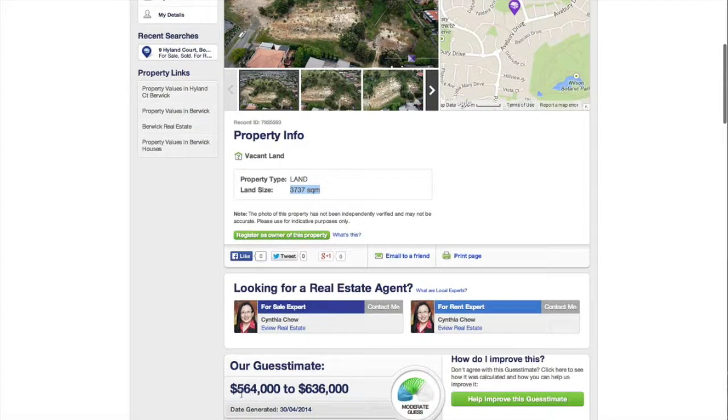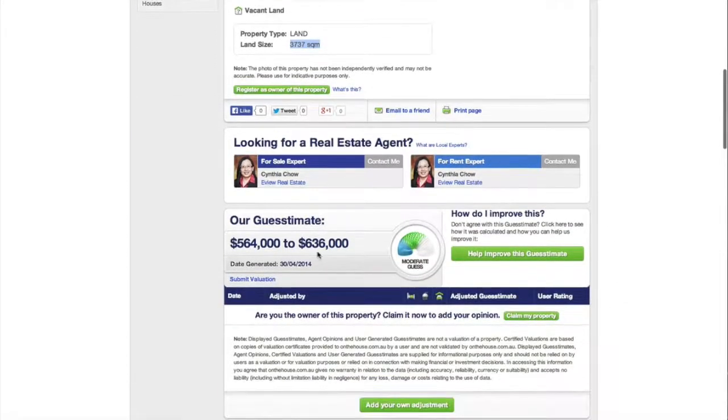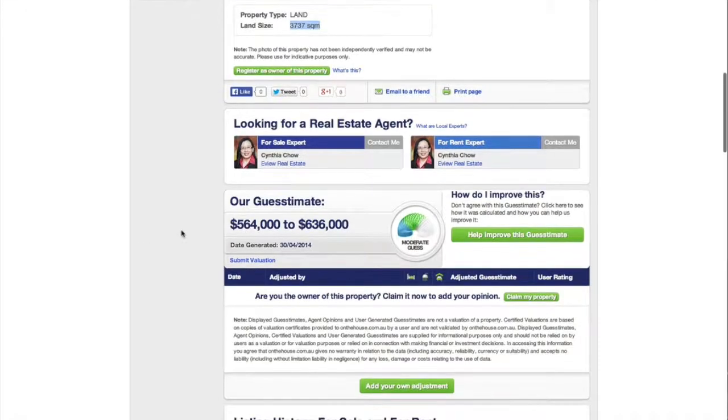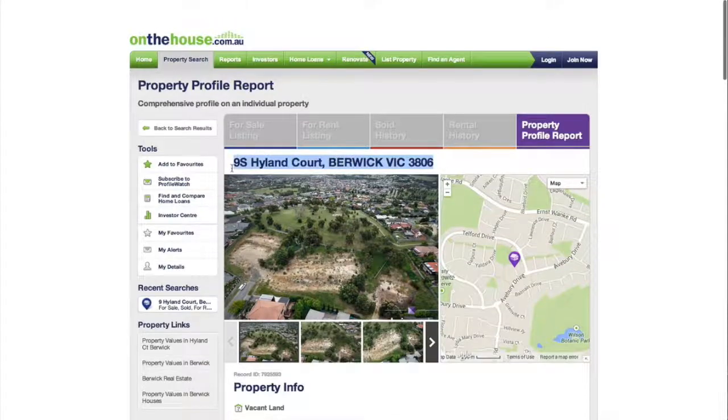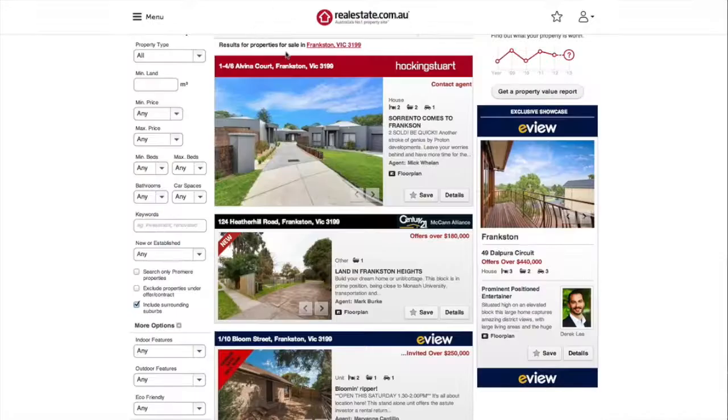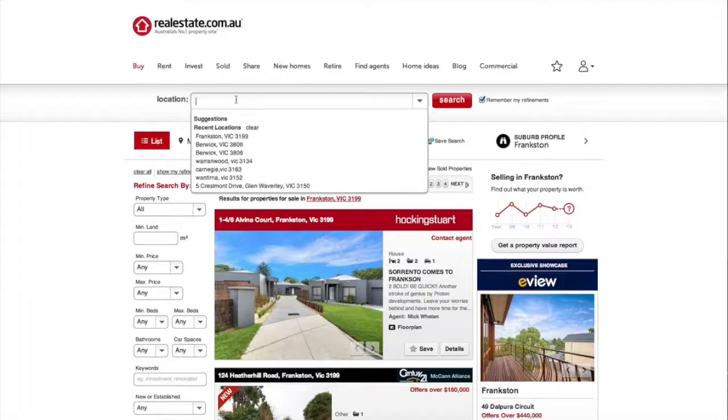They have a guesstimate of 564 to 636, and it's a moderate guess. I don't always go for what they're asking, because sometimes this site is way off, but it's actually on the market for 650 plus. So I'll show you the listing on this side.